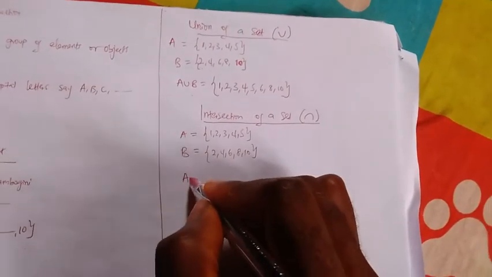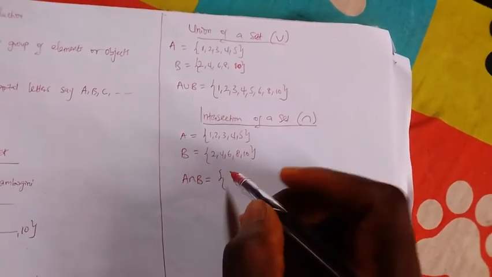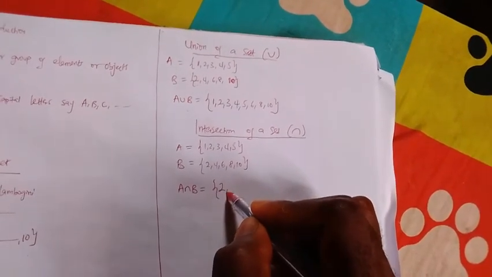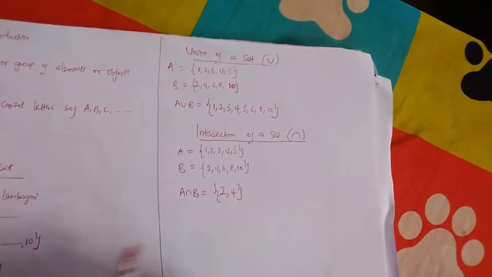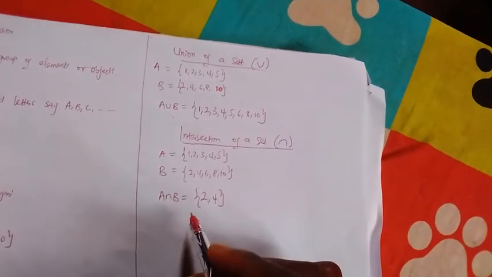Now what will be my intersection? A intersection B, as I said earlier, pick elements that are common in both A and B. It implies that we'll have 2 and 4. That is intersection.